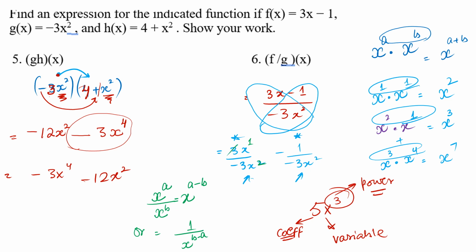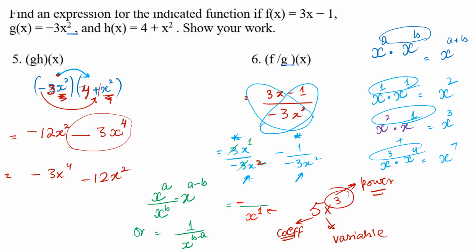Now 3 over 3 is cancelled out. Now here we will have 3 divided by negative 3 gives me negative. Now I have the bigger power in the denominator. So I will subtract 2 minus 1. It gives me 1. Better not to write the power 1.